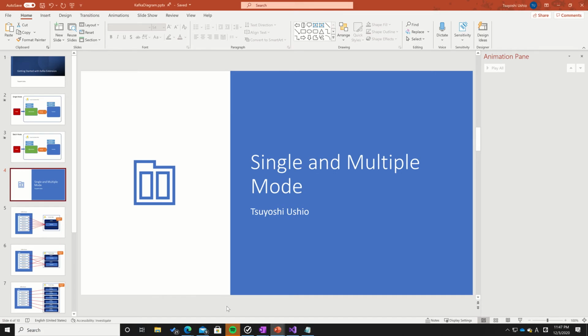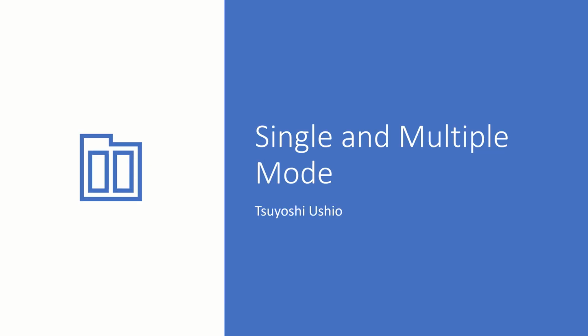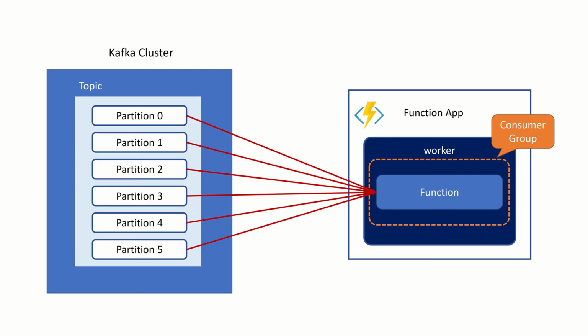So then let's go on to the next step. The very important concept of the next one is the partition and consumer group.